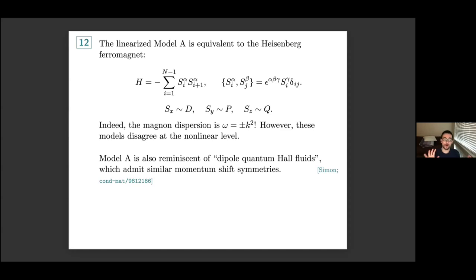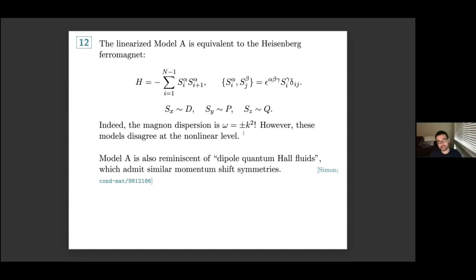The only thing I would feel comfortable saying is that one way of understanding the k-squared magnon dispersion relation is that around a background of constant S_z, the dipole momentum algebra is equivalent to SO(3). It's maybe a little contrived, but that's just Goldstone modes.